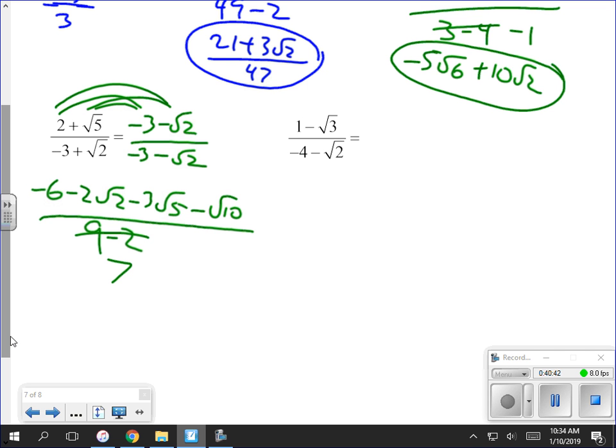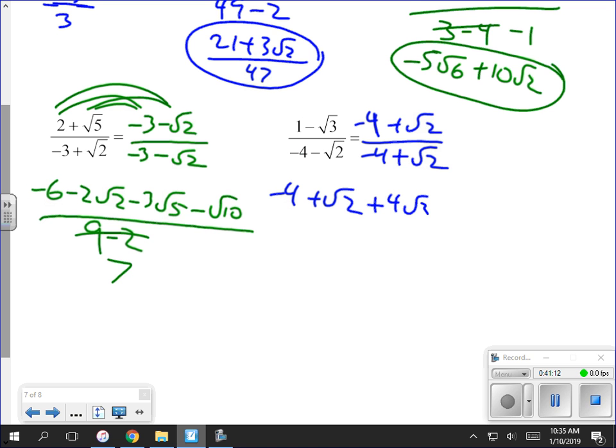And then last but not least, once again, just the sign between them. So I get -4 plus root 2. Then I FOIL it out. Sorry, -3 times that is positive 4 root 3 minus root 6.